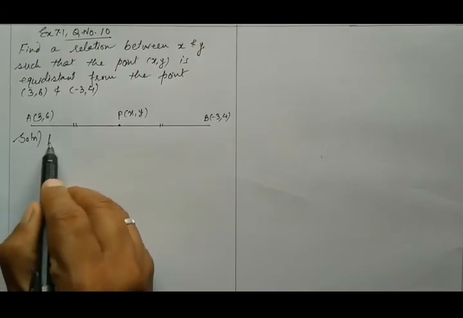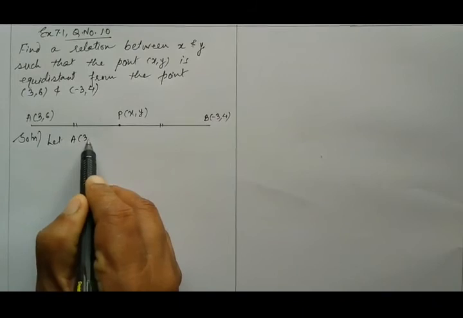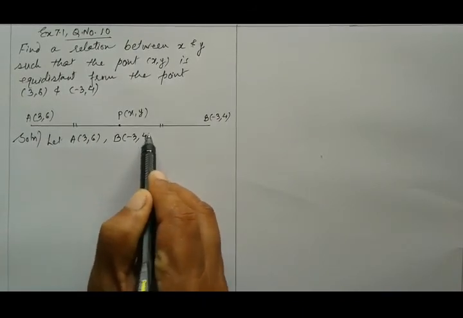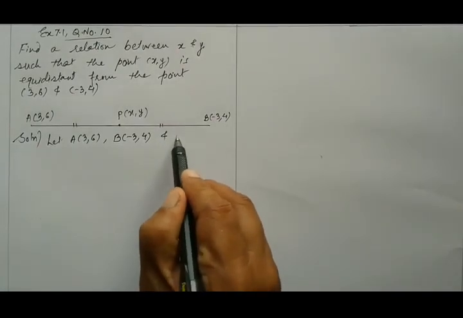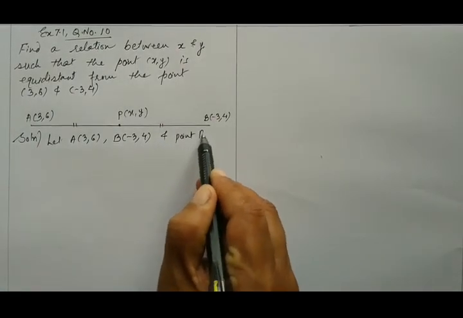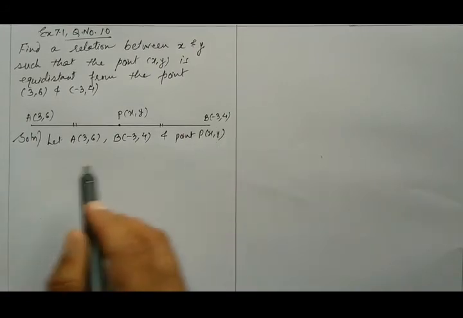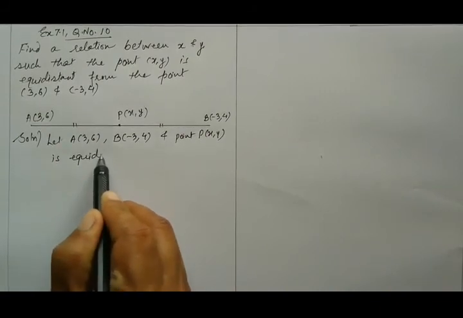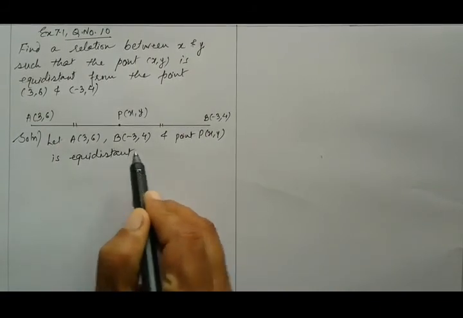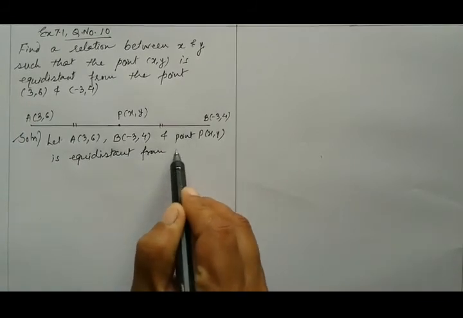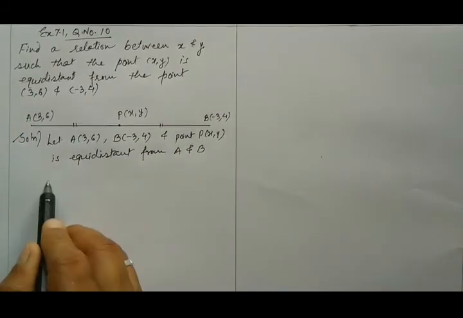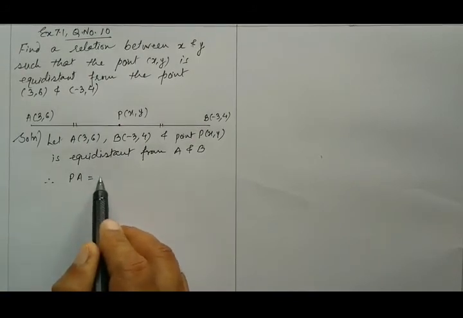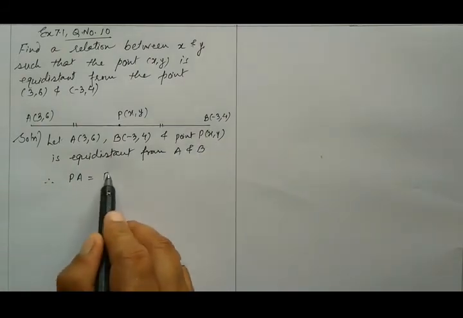So solution I will write: let A (3, 6), B (minus 3, 4) and point P (x, y) is equidistant from A and B. Therefore PA is equal to BP.